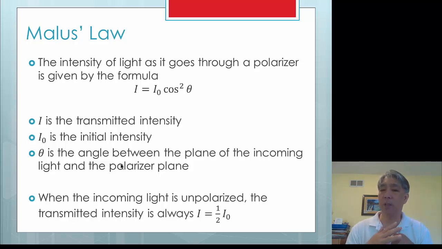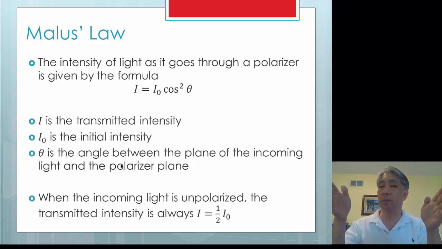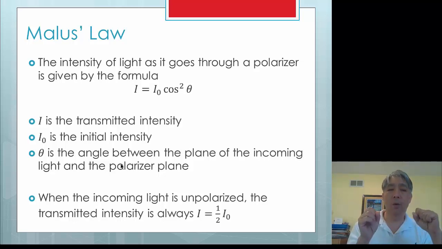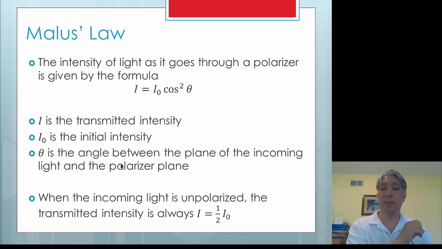So this applies primarily to polarized light already. So I0 is polarized, I is polarized on a different plane potentially. When the incoming light is unpolarized, I0 is unpolarized, then the transmitted intensity is simply 1/2 I0. Okay, thank you.